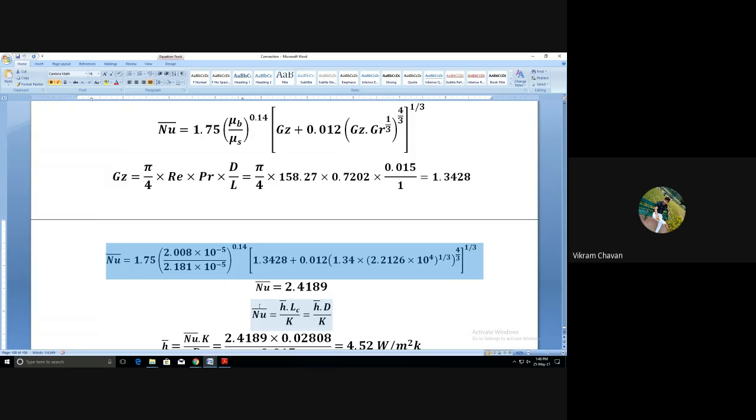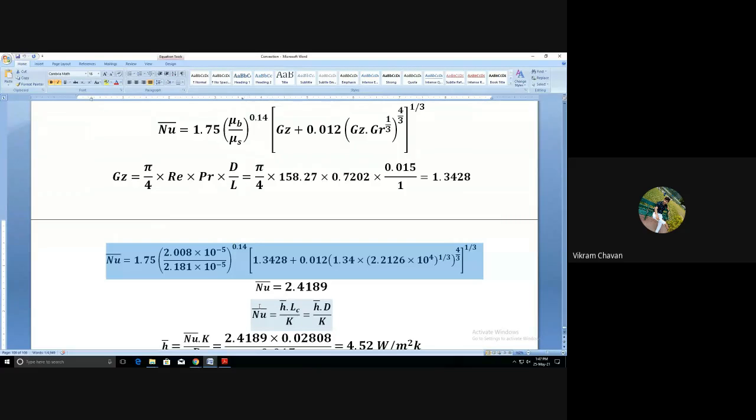This is the Gray's number, plus 0.012 multiplied by inside bracket Gray's number, 1.34, multiplied by Grashof's number, which is 2.2126 multiplied by 10 raised to 4, bracket raised to 1 by 3.